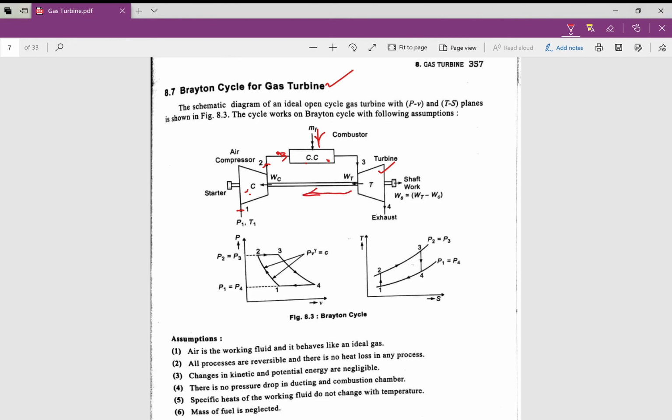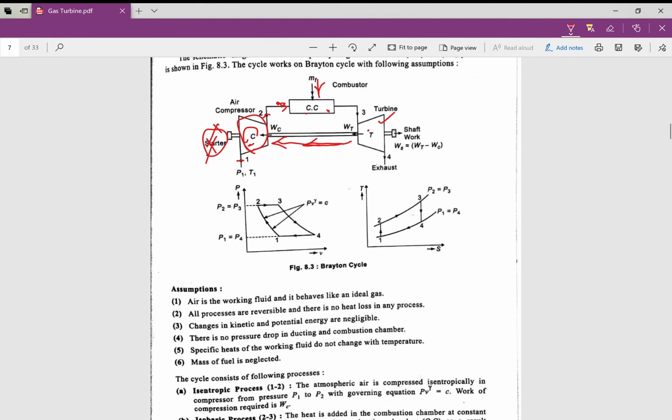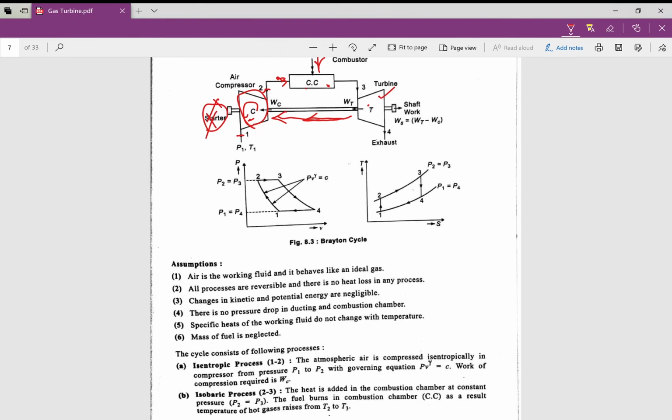Some amount of work is supplied to run the compressor. Initially, the starter is switched on only to run the compressor. When the work is being produced by the turbine, it is supplied to the compressor, and then the starter is switched off. So all the processes are shown over here.